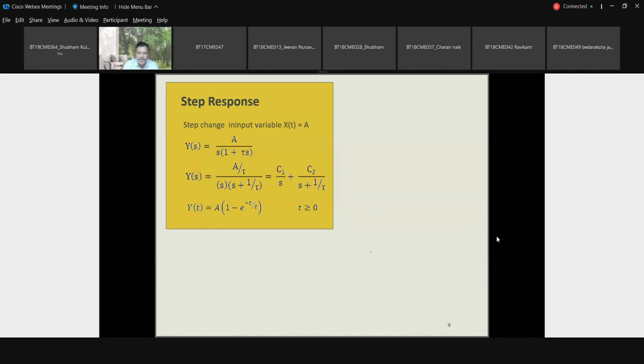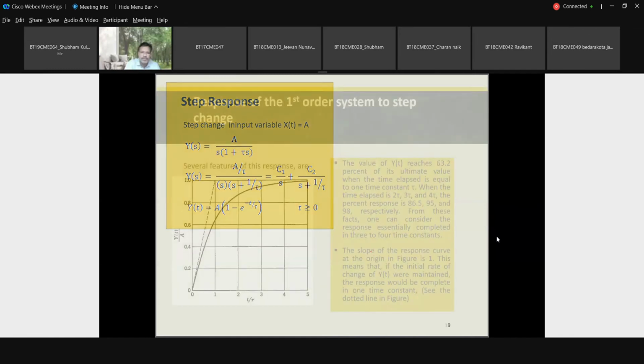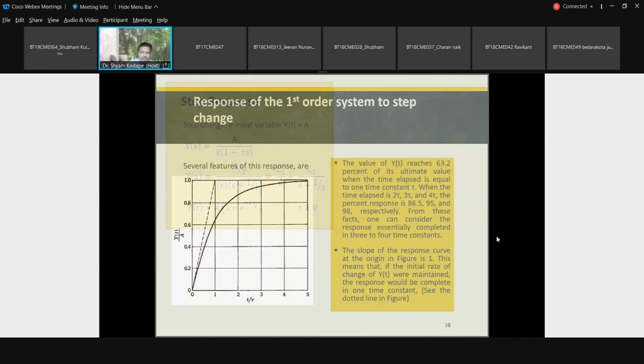So we have derived the step response. Some outcomes or characteristics of this step response will be discussed now.